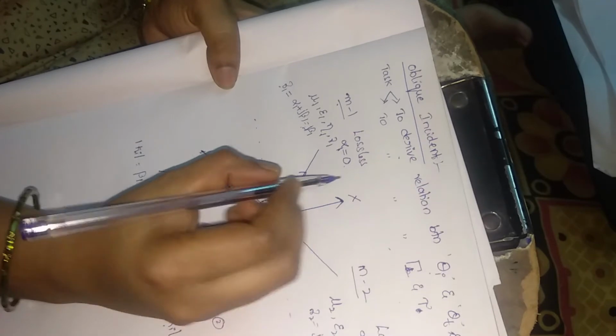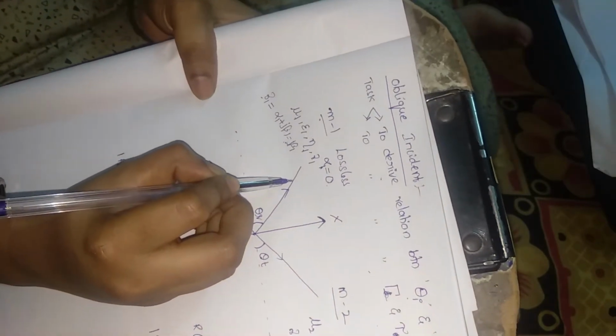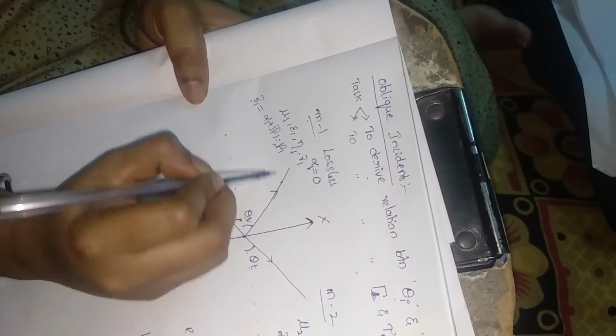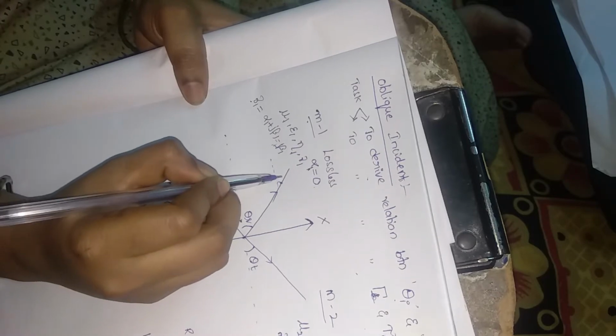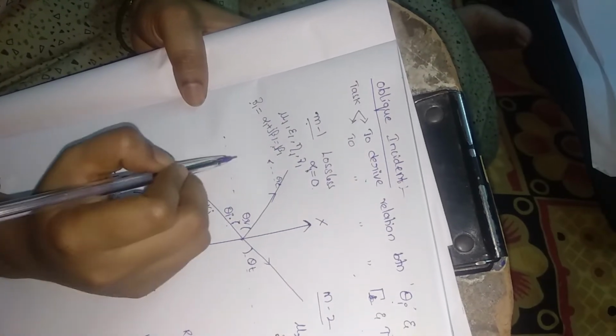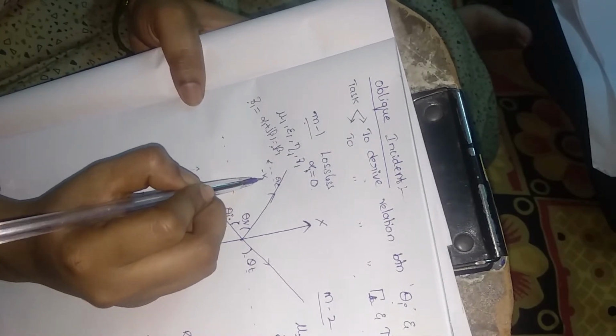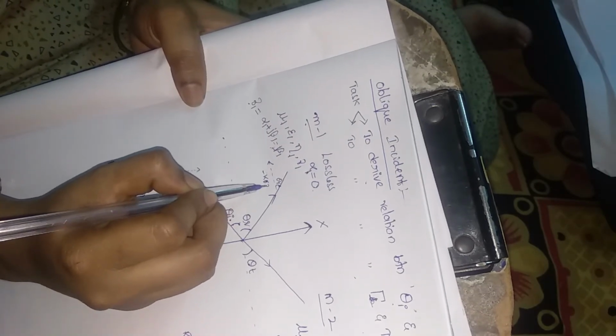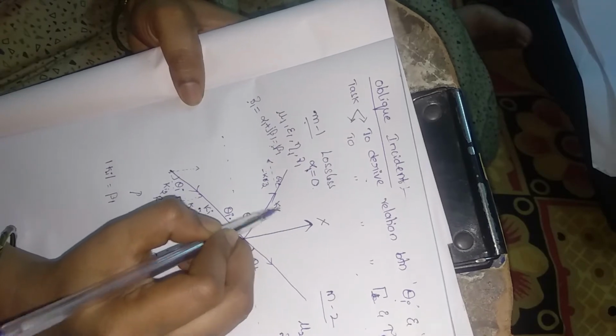In the same way, for the reflection component, here it is the angle theta r. And here the component is along the negative z axis, means minus krz. Here the propagation vector is kr bar.